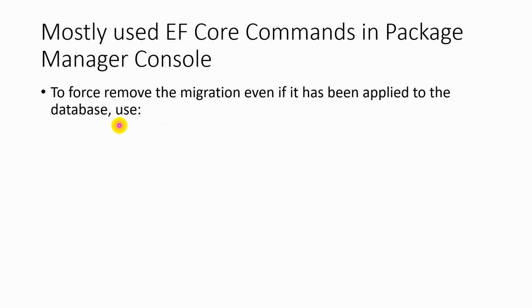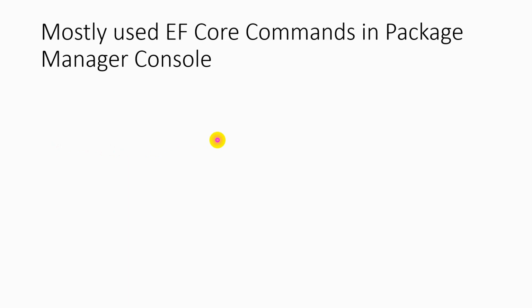Now if you want to remove the migration file and its effect from the database, then the command used is Remove-Migration -Force. That command first removes the migration effect from the database and then removes that migration file from Visual Studio.